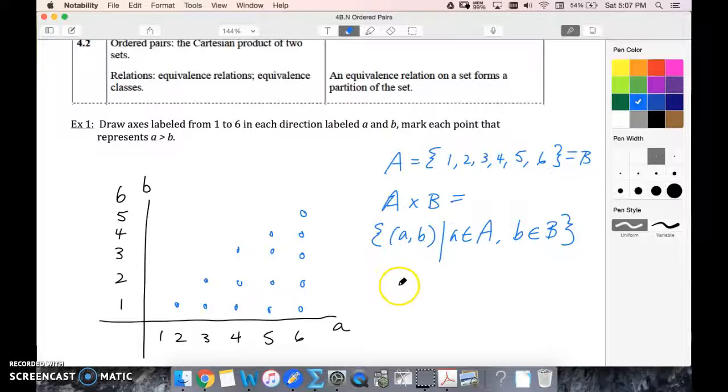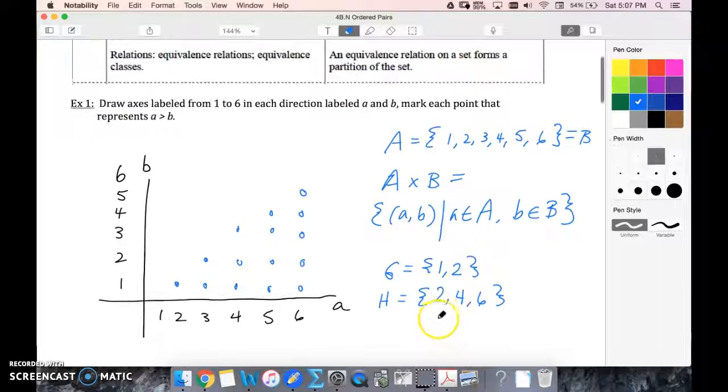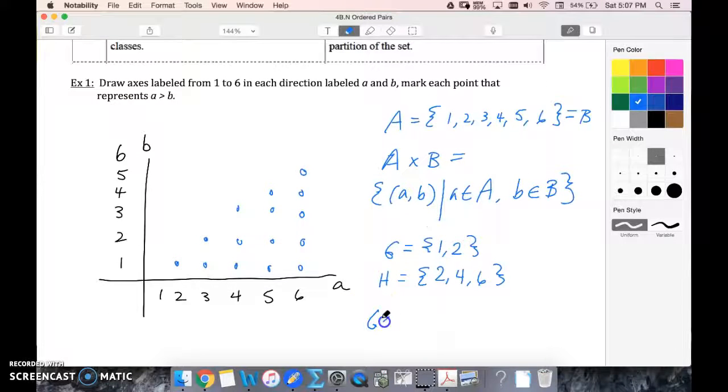If we had smaller sets, so for example, if we had a different set, let's say G was a set 1, 2, and H was a set 2, 4, 6, then G cross H would be 1, 2, 1, 4, 1, 6, 2, 2, 2, 4, 2, 6.